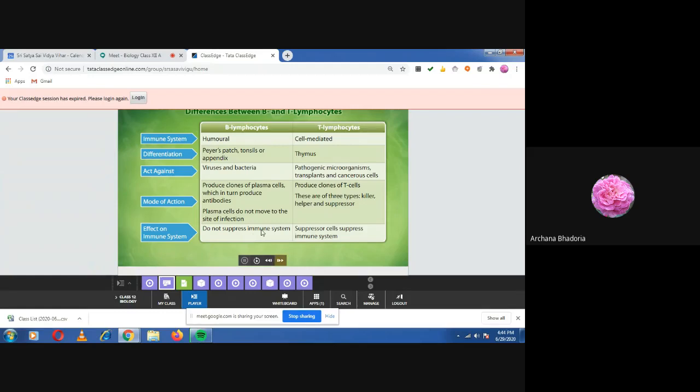And they do not suppress the immune system, but they suppress the immune system. Which one suppresses the immune system? B lymphocyte. The points which you have not covered, that point you can write down. This point you can add up. The other points we have already done. Do not suppress the immune system, but these suppressor cells suppress the immune system.